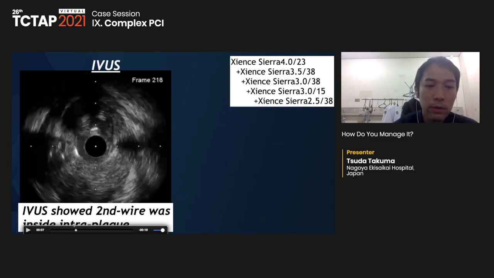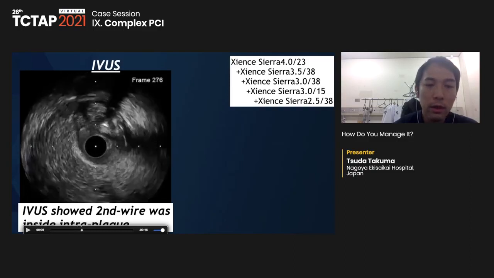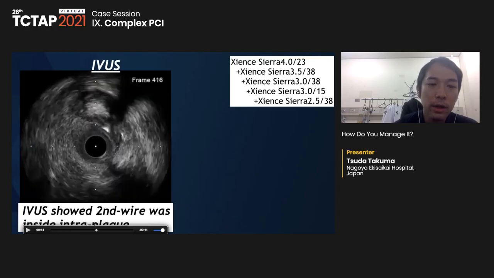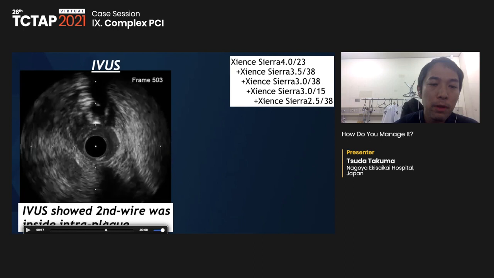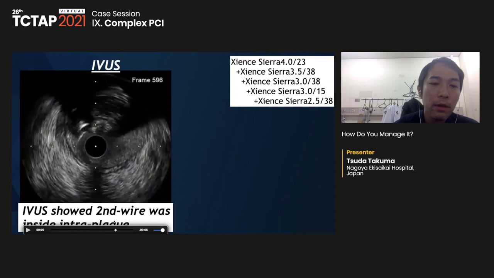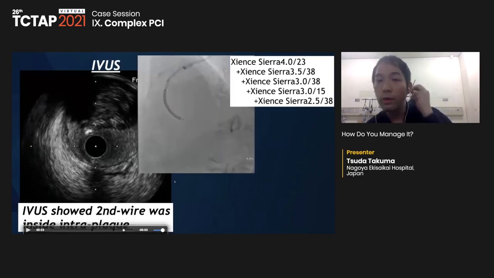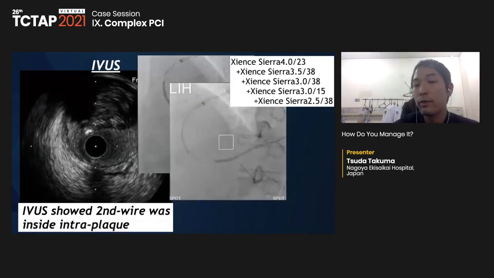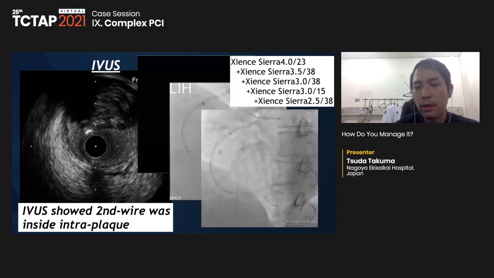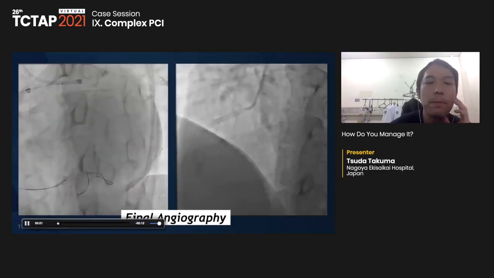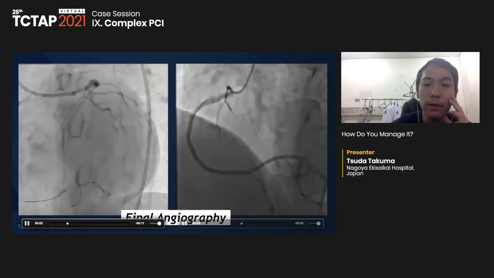So the second guide wire tracked inside the vessel. After that, 5 DES were stented into the CTO, and the final result was a good outcome like this.